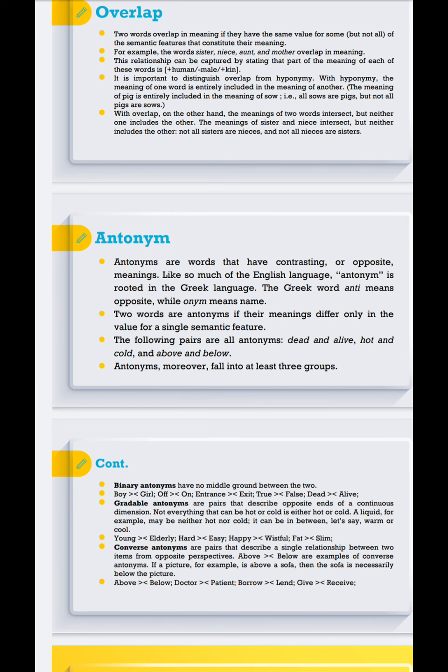Now we continue to overlap. Two words overlap in meaning if they have the same value for some but not all of the semantic features that constitute their meaning. For example, the words sister, niece, aunt, and mother overlap in meaning.